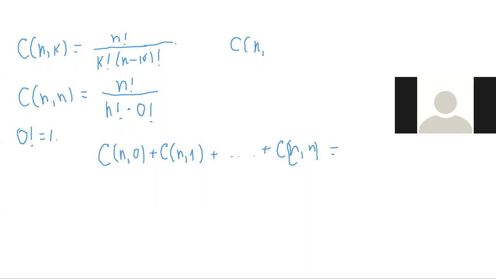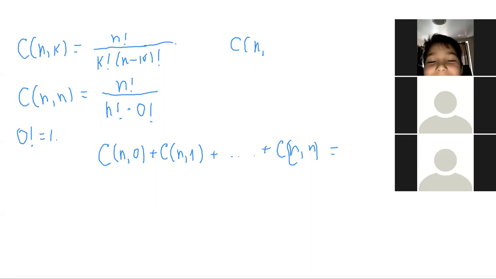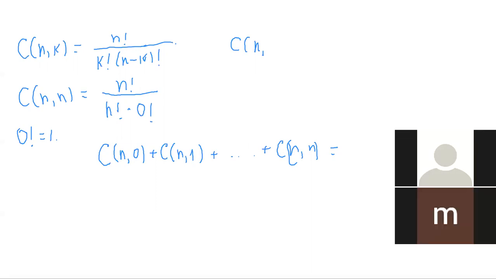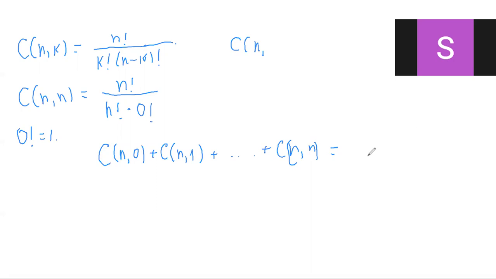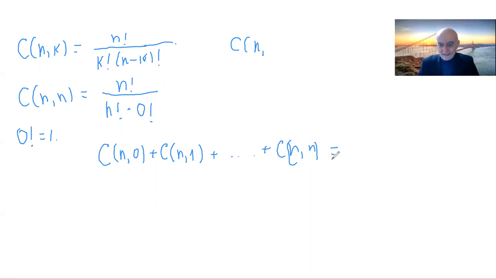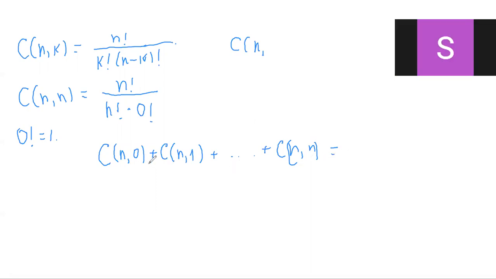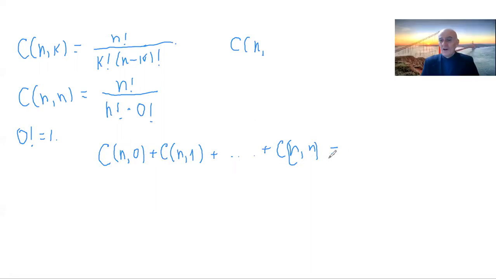Maybe it will be all subsets of n, so it will be 2 to the power of n. Oh, excellent, Salome, very good. In fact, we have here the sum of subsets with 0 elements, with 1 element, and so on up to n elements.